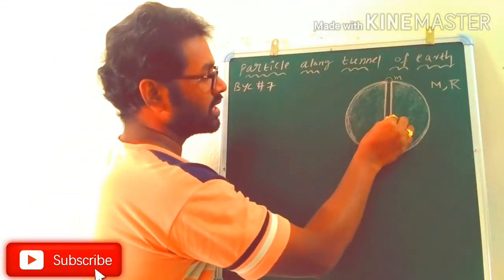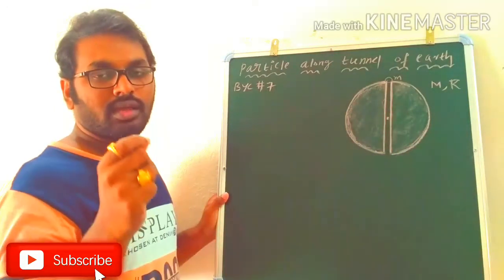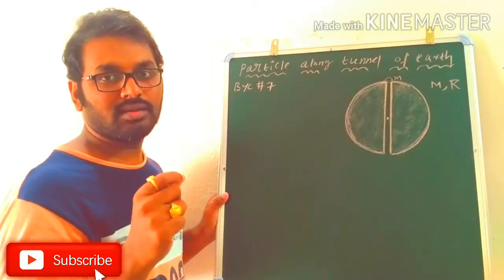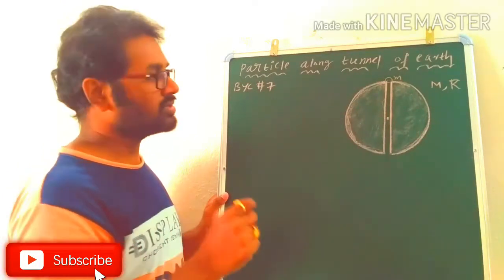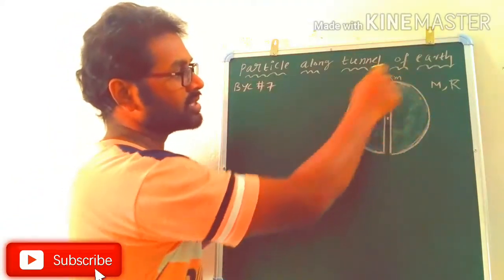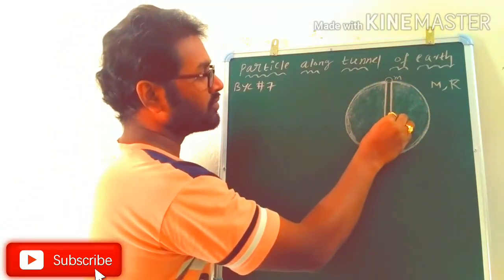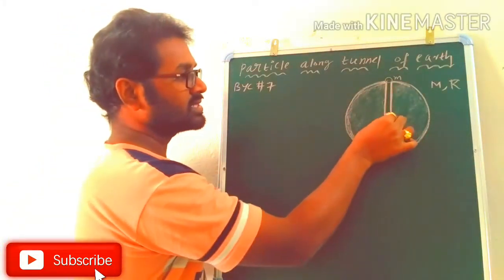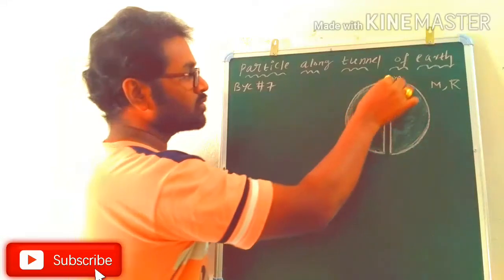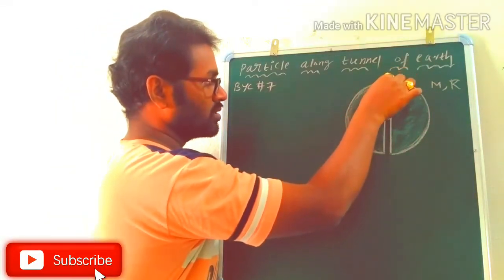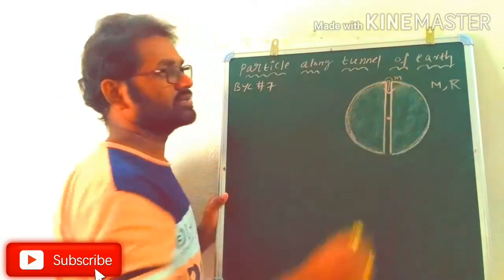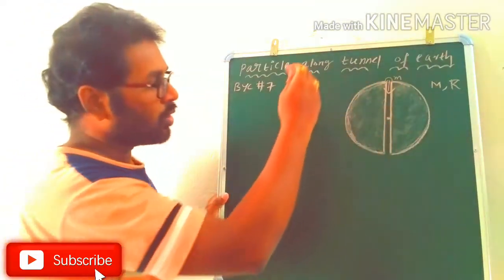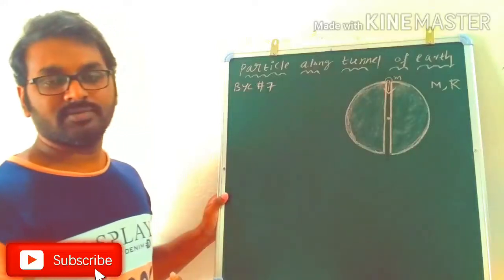Because of gravitational force, every object is attracted by the center of the Earth because the entire mass of the Earth is concentrated at its center. We can call it the center of mass, and this object is attracted towards the center like this. So with this attraction, the object is coming towards the center.